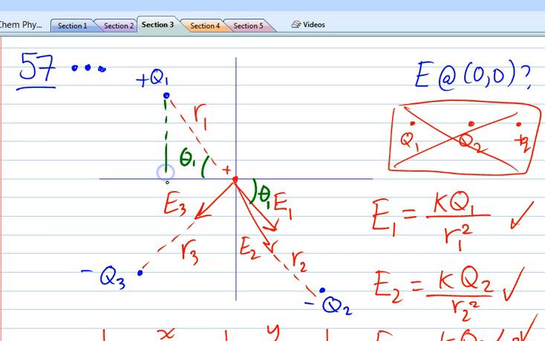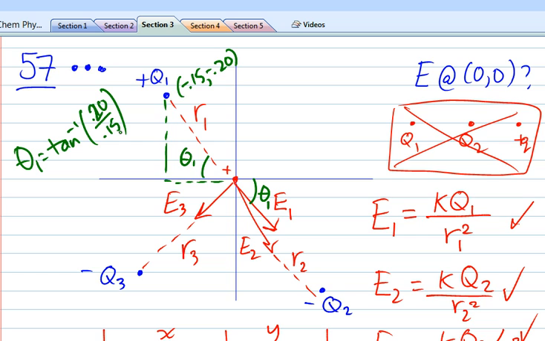If we know the x and y components of this point, I think it's negative 0.15, negative 0.2. I could be wrong on my numbers; I don't have my book with me. So you'd find theta 1 is the inverse tangent of 0.20 over 0.15, y over x. And that's the same as this theta 1 right here.